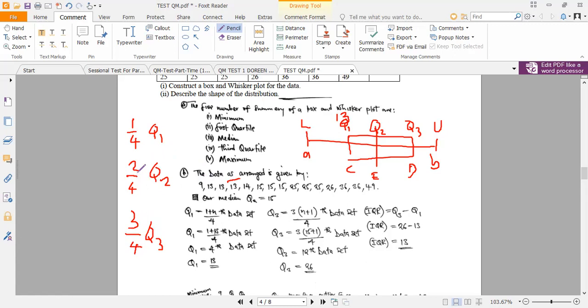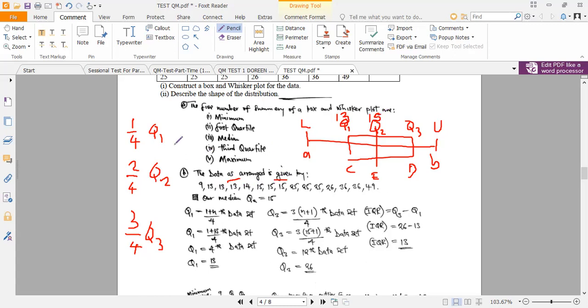Our second quartile is half. Half of 16 is 8. So our Q2 is the 8th value: 1, 2, 3, 4, 5, 6, 7, 8. So this is 15 here. Mr. Collins, isn't the total number 15 observations, not 16?